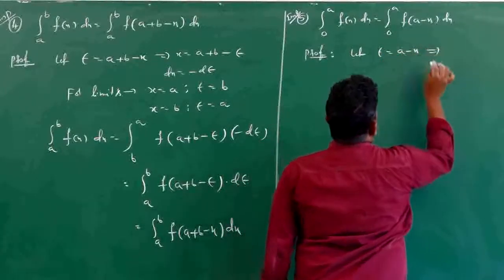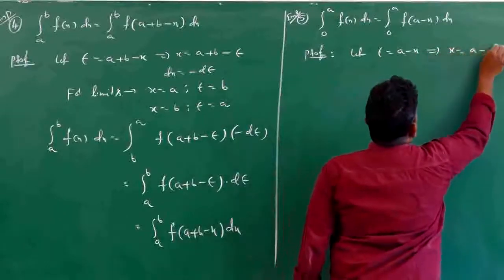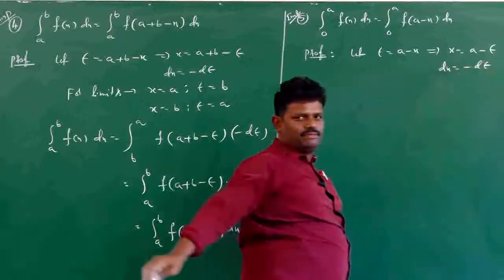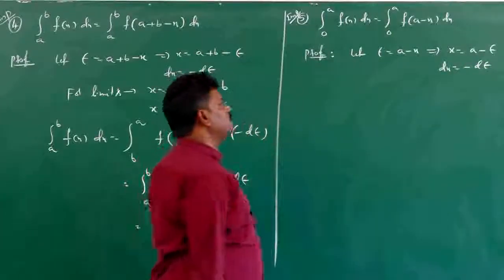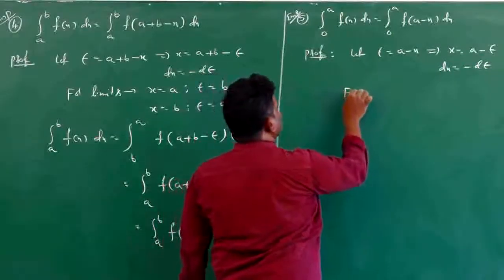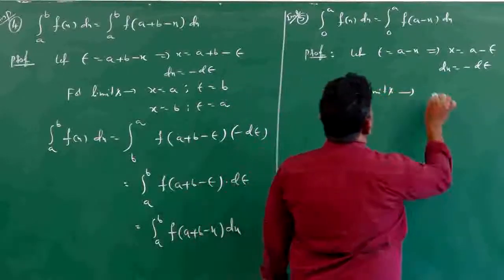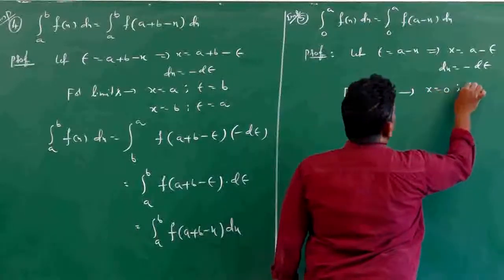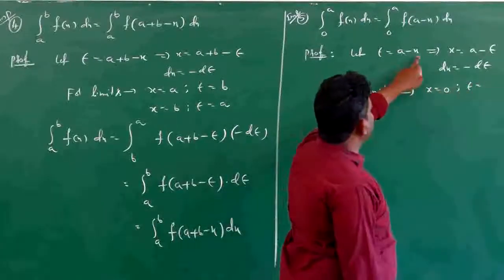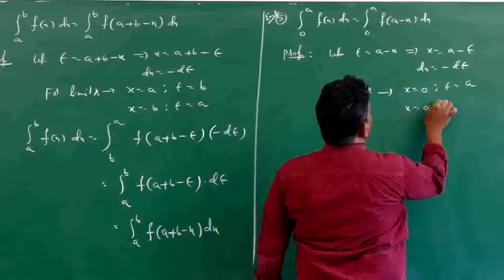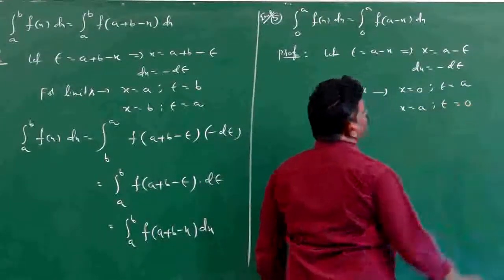From that equation x is equal to a minus t, then dx is equal to minus dt. For limits, x is equal to 0 means t is equal to a, x is equal to a means t is equal to 0.